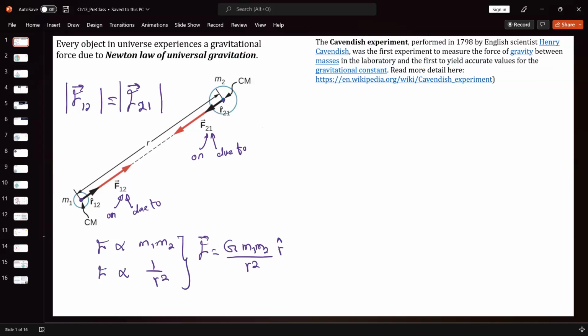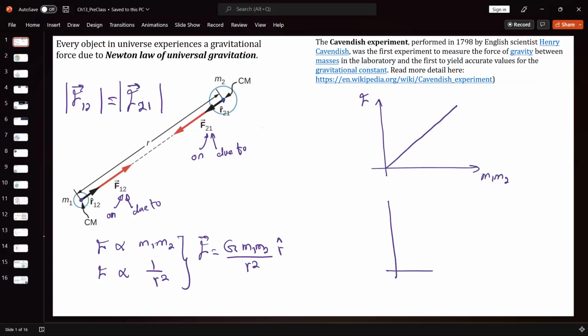Now, if I draw this as a graph of the gravitational force versus the product of the masses, it's going to be linear. As the mass gets larger, the force obviously gets larger.